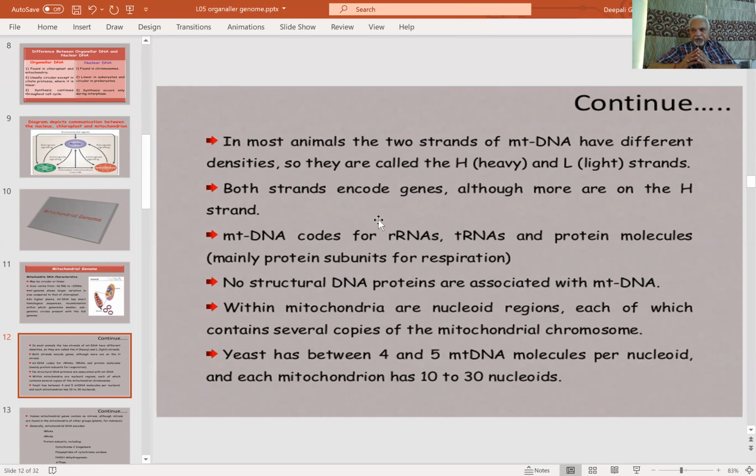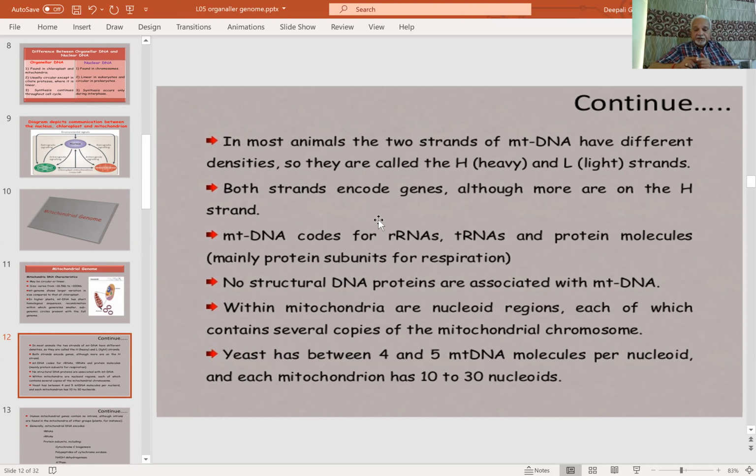The mitochondrial DNA codes for rRNA, tRNA, and the proteins which are required for respiration, basically. But they do not code for any structural protein. Structural protein means the one which participates in structural organization.